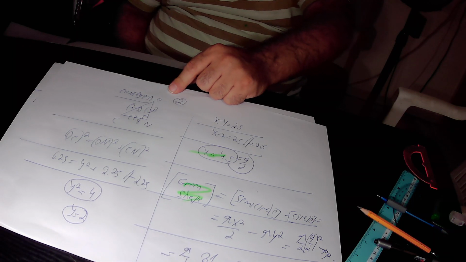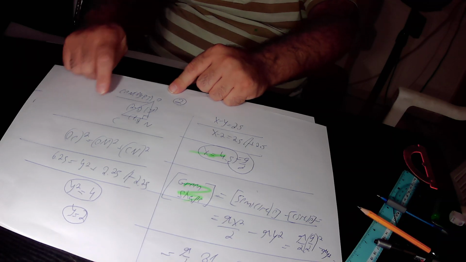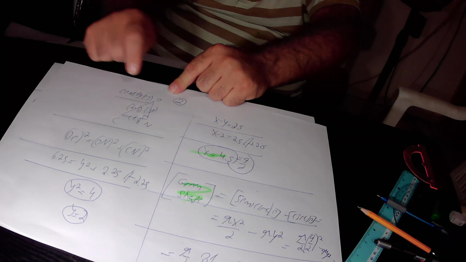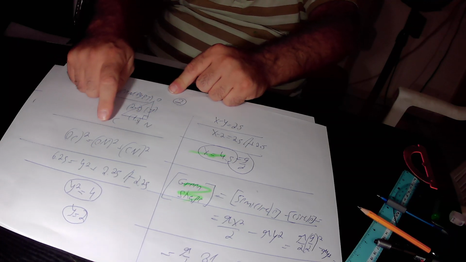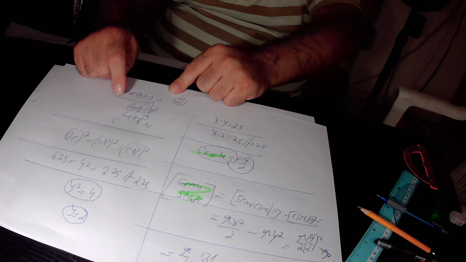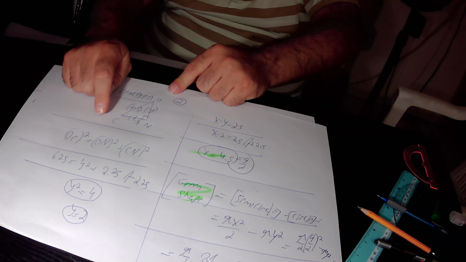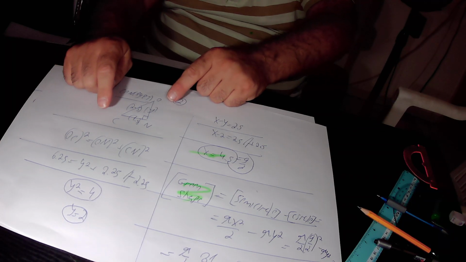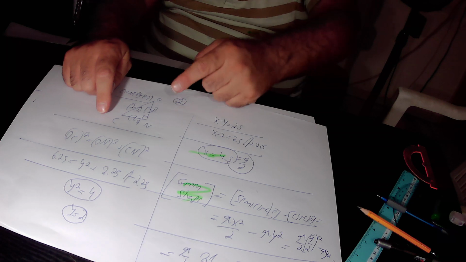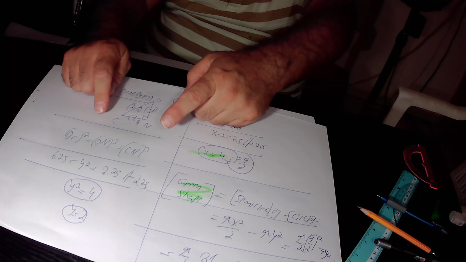In this right triangle CON, OC squared, that is the square of the hypotenuse, must be equal to ON squared plus CN squared. OC is 2.5, therefore OC squared is 6.25, and it equals ON squared. ON is y, therefore ON squared is y squared, plus CN squared. CN is 1.5, therefore CN squared is 2.25.